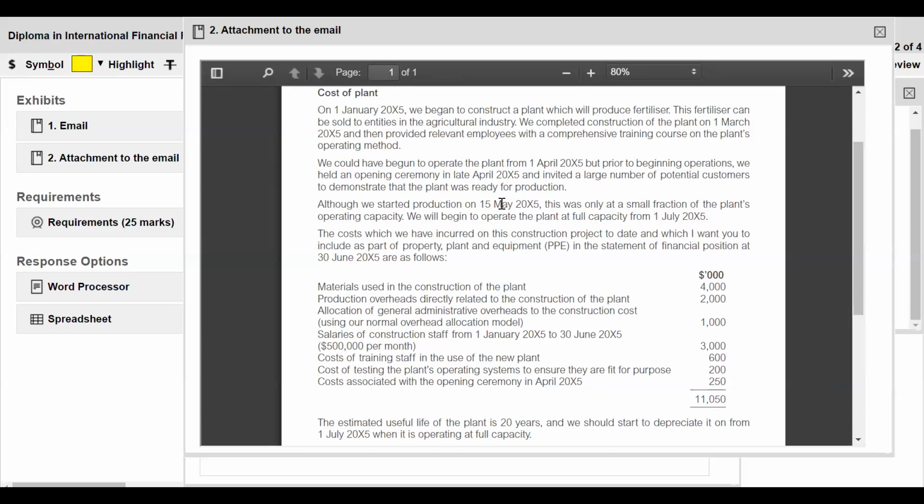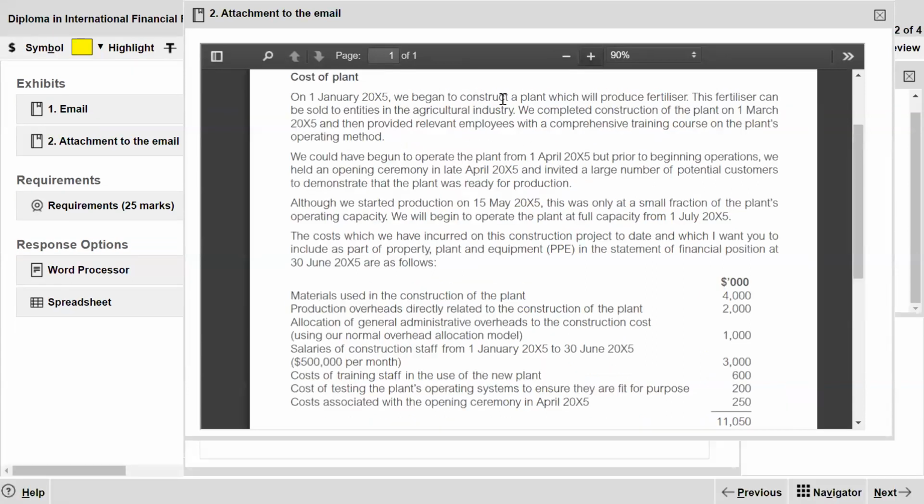Now let's see. Basically, it says that on 1st January 2005, we began to construct a plant which will produce fertilizers. This fertilizer can be sold to entities in the agricultural industries. We completed construction of the plant on 1st March X5, and then provided relevant employees with a comprehensive training course on the plant's operating methods.